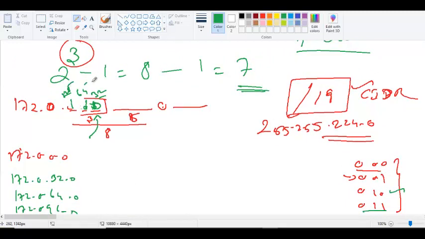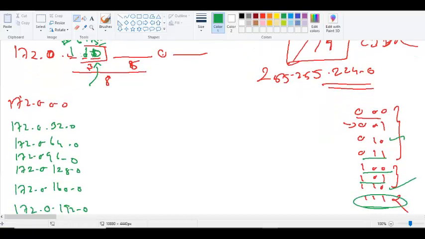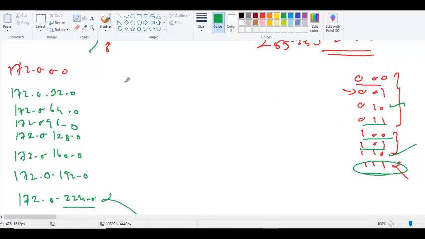All right, now the same old story. You see, this is the first network. First IP address will be 172.0.0.1. And the broadcast address will be 172.0.31.255. You see, the next network is 32.